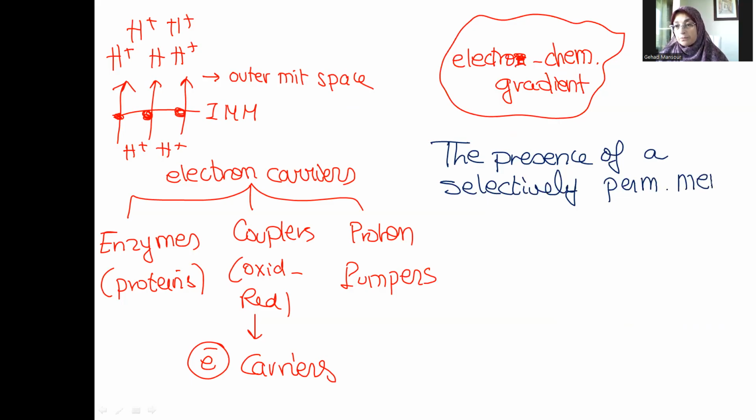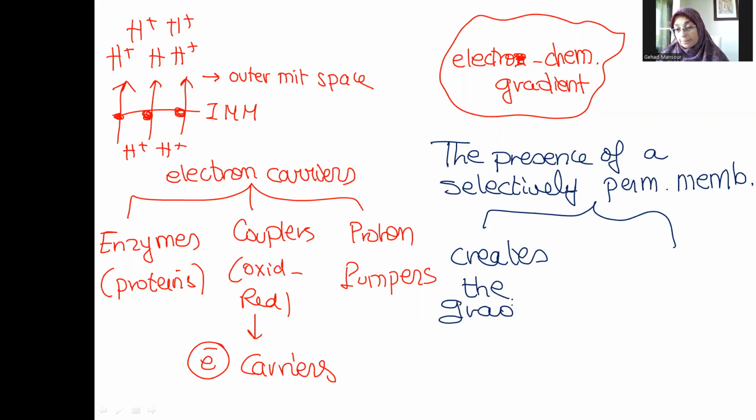The presence of a selectively permeable membrane creates the electrochemical gradient, and then after creating it, preserves the gradient.